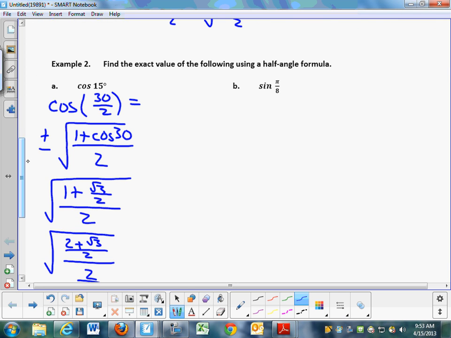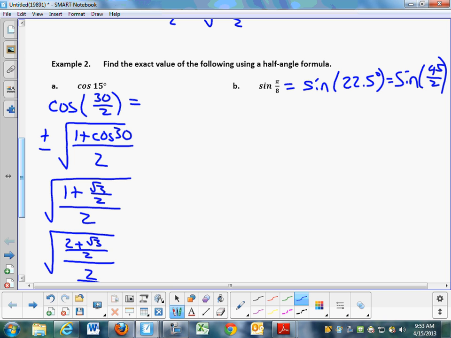So we will write it just like this. If we convert pi over 8 to degrees, it's 22.5.